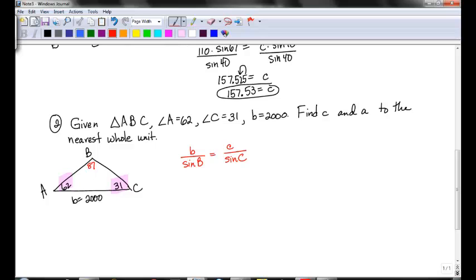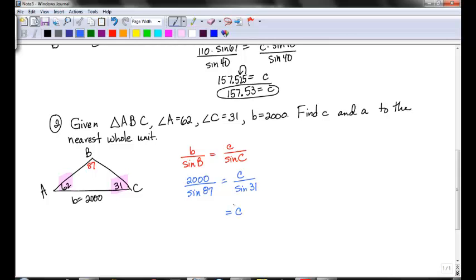Okay, so then we're going to sub in. B is 2,000, and the sine of 87. This is where you take the risk that you figured 87 correctly. If 87's wrong, it throws the whole thing off. Equals C, we don't know, and the sine of 31.